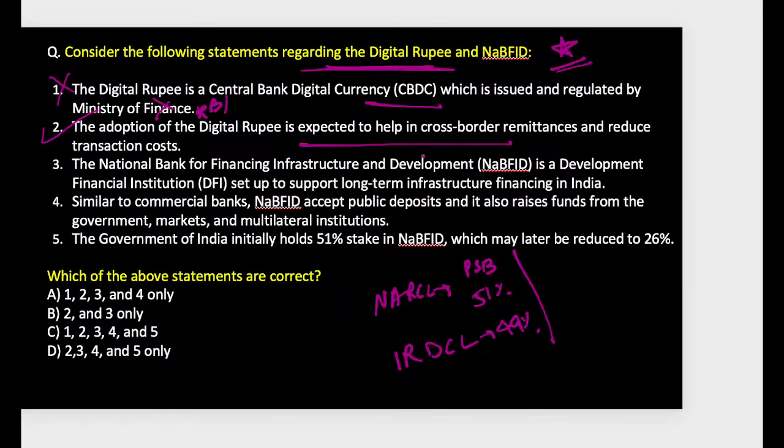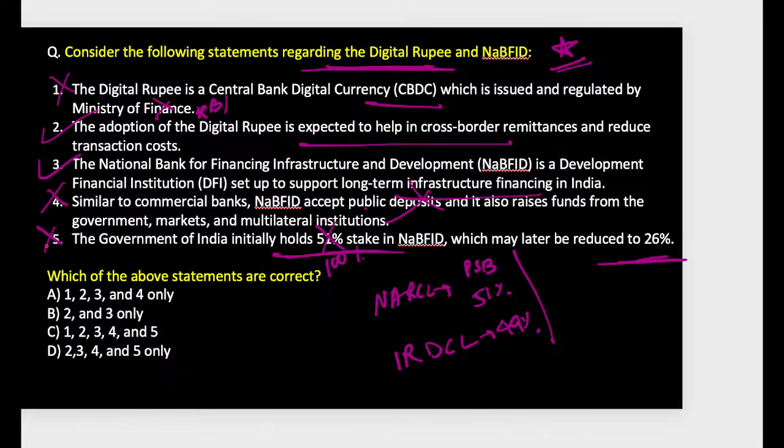NaBFID is a development financial institution set up to support long-term infrastructure. True. Similar to commercial banks, NaBFID accepts deposits. Wrong. It is a DFI and DFIs do not accept deposits. The next statement is that the government of India initially holds 100% stake, and later on can reduce it to 26%.